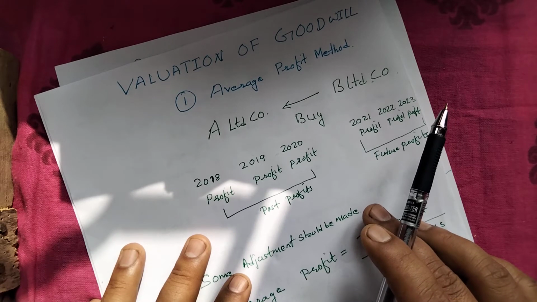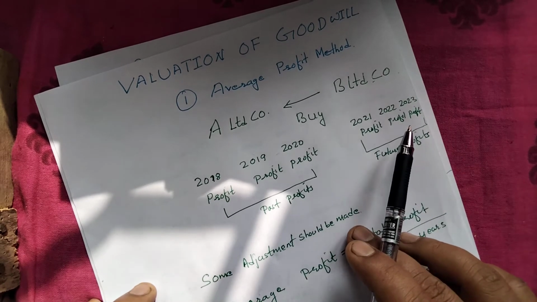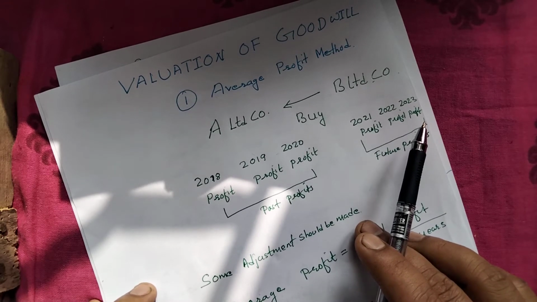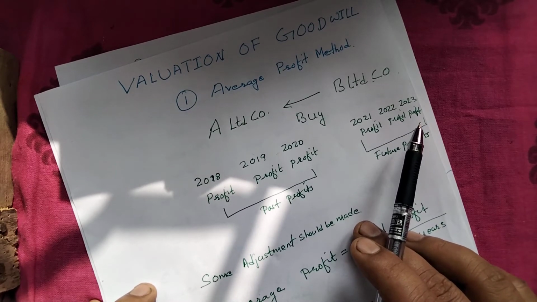According to that we are going to find goodwill from the average profit method.